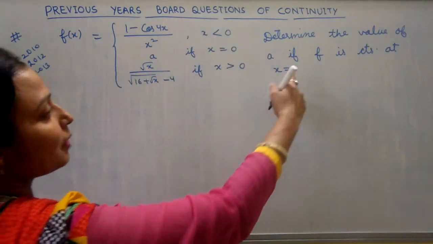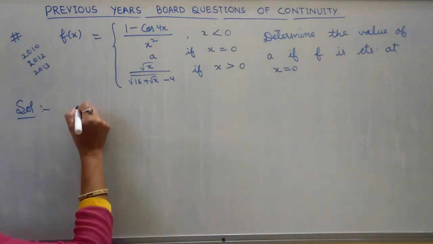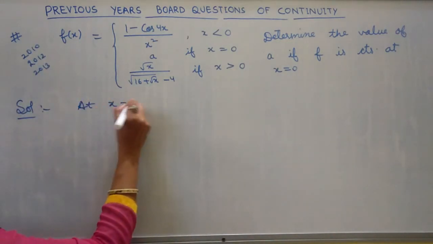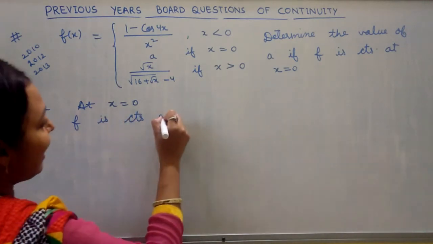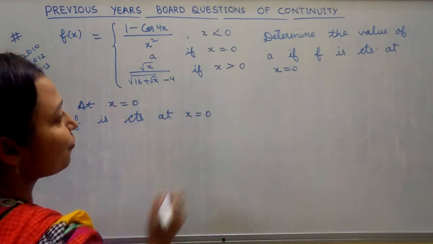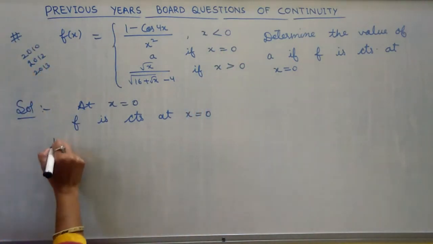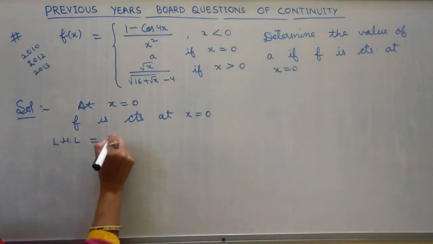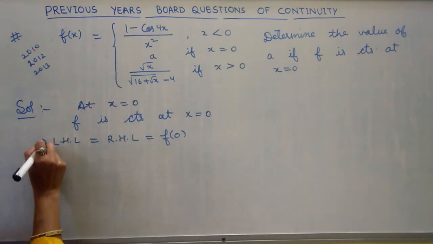So I will take, because f is continuous at x equals 0, f is continuous at x equals 0. Okay, f(0) is given along with it. So I will take left hand limit equals right hand limit equals f of 0, according to the definition.